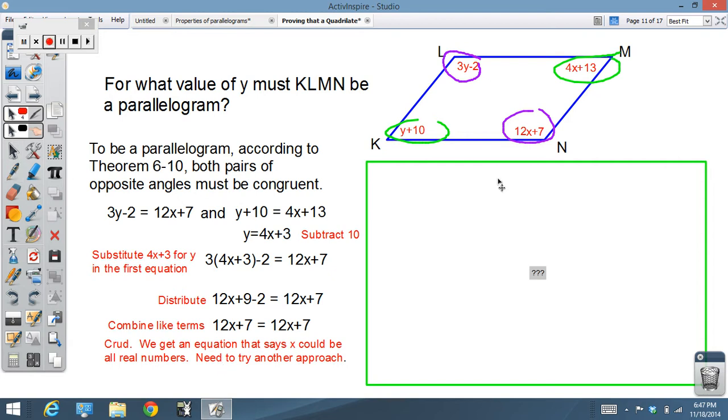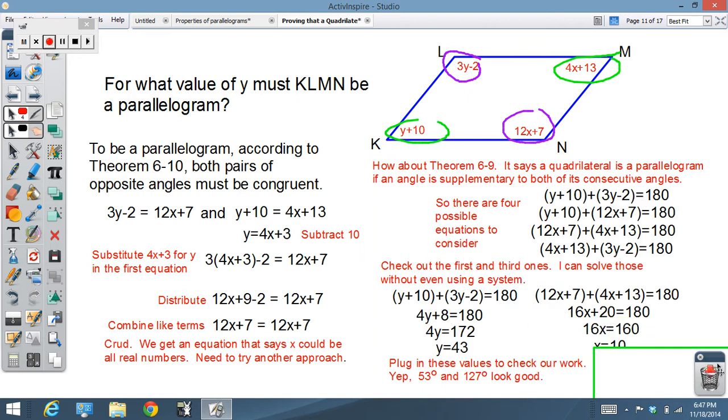So, with my next approach, which is all over here, and it's a little more red writing because I got to explain it a little more. My first thought didn't work, but my second thought, try Theorem 6.9. It says that a quadrilateral is a parallelogram if an angle is supplementary to both of its consecutive angles.